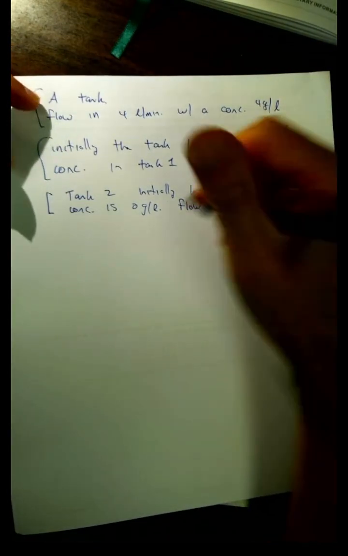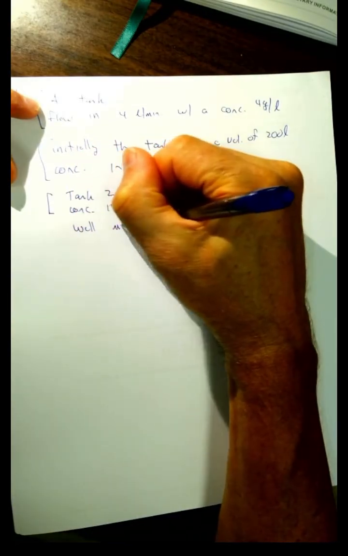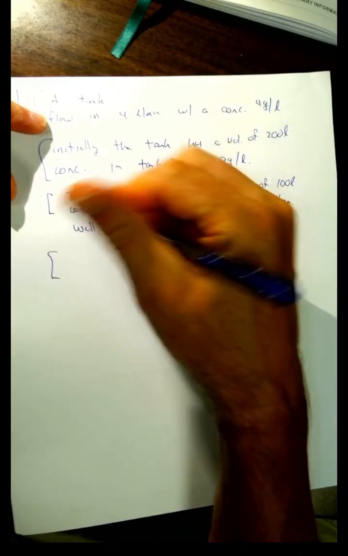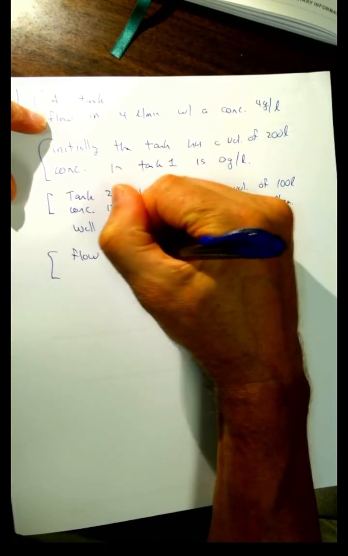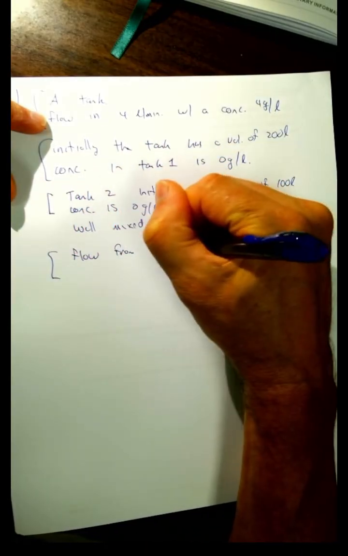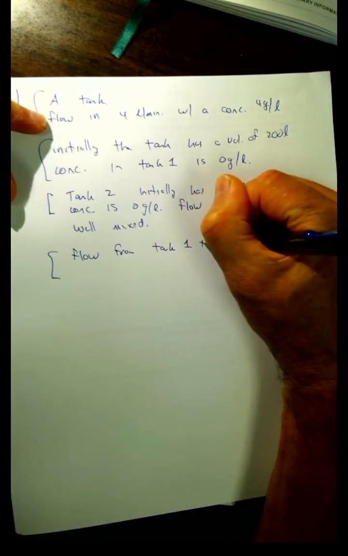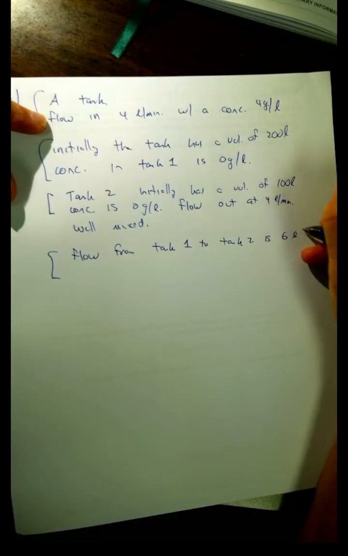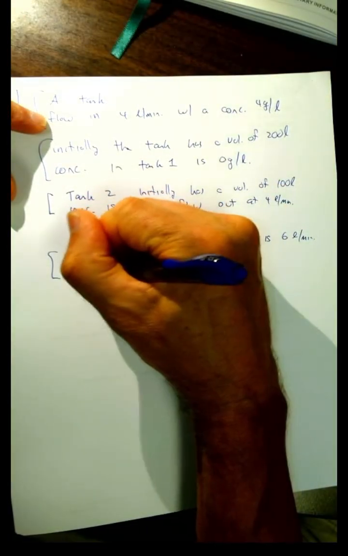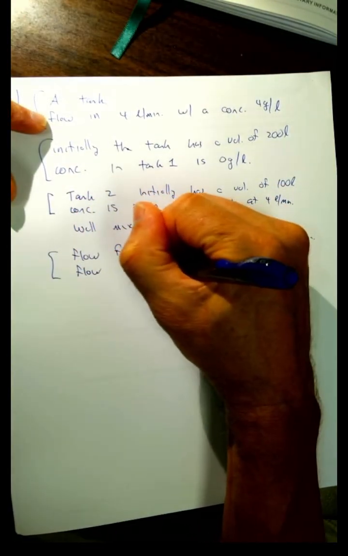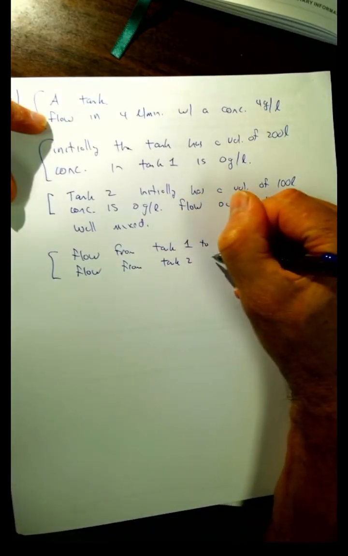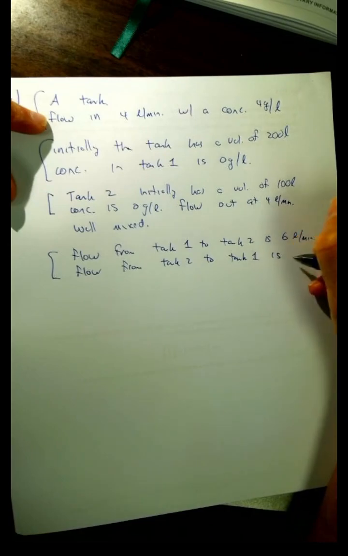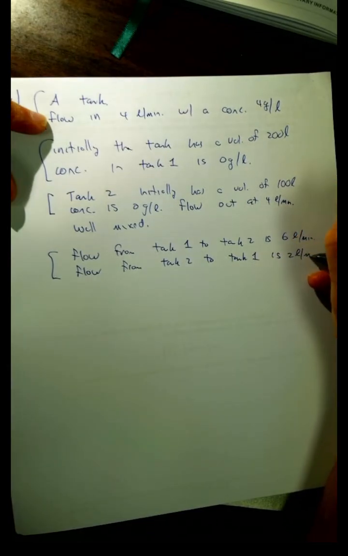And I'm assuming everything is well mixed. And finally, I'm going to have flow from tank 1 to tank 2 of 6 liters per minute. And there's going to be a flow from tank 2 to tank 1, so there's a pipe running back, and that's going to be 2 liters per minute.